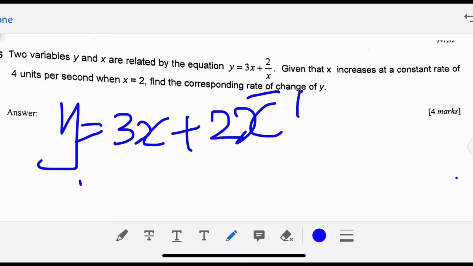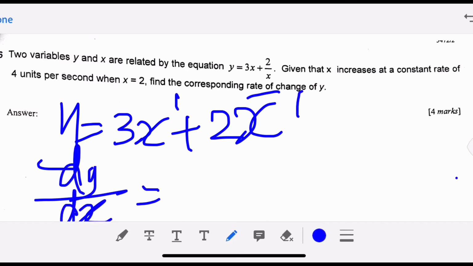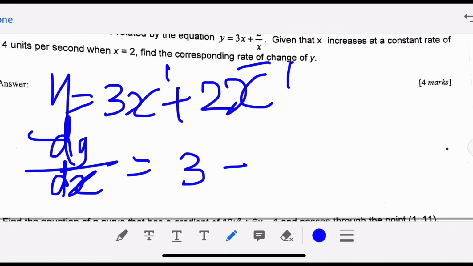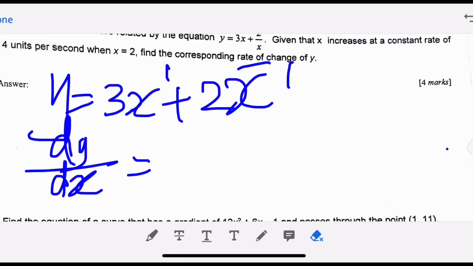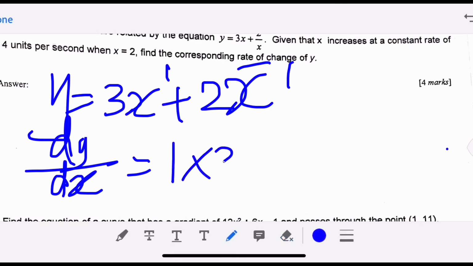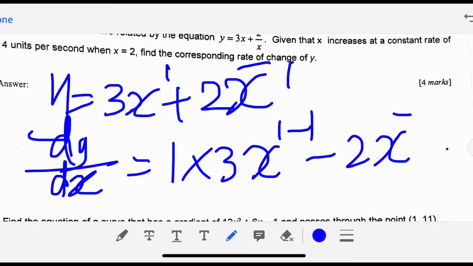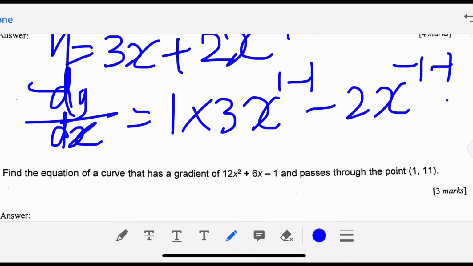When we talk about rate of change for differentiation, the first step is you find dy/dx. There are 3 steps. Step 1, differentiate. Find dy/dx. Some of you forgot how to differentiate. Okay, so in the exam, you are not well prepared. That's why you forgot.